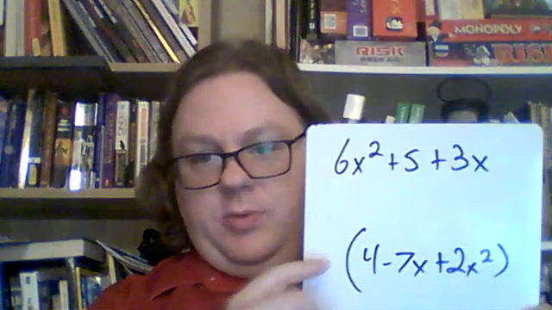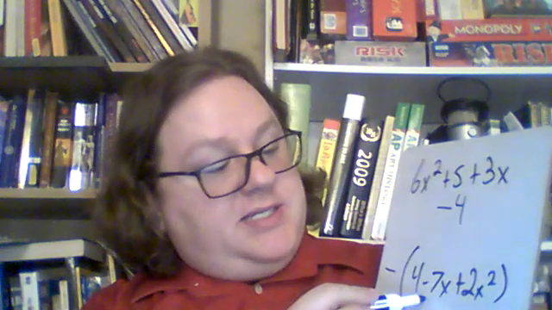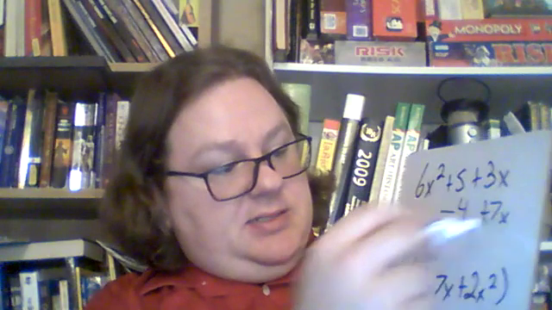This is what we're looking at, and it's a minus. So if I do minus, then I'm going to have to do like this, okay, distribute it in. So I'm going to go minus 4 minus a negative 7x means plus 7x minus 2x squared.